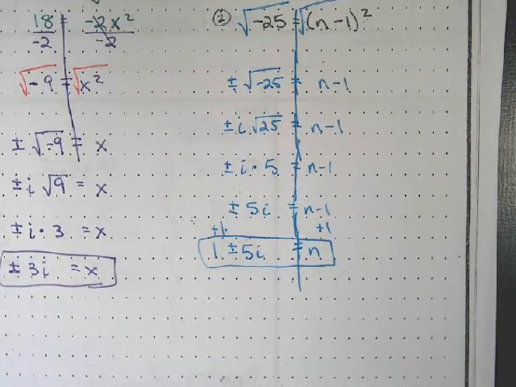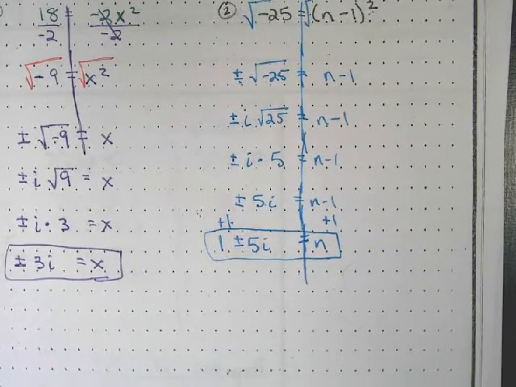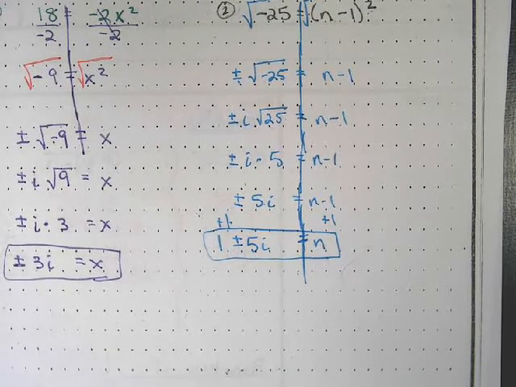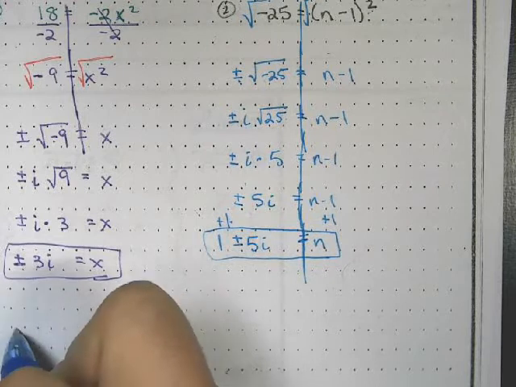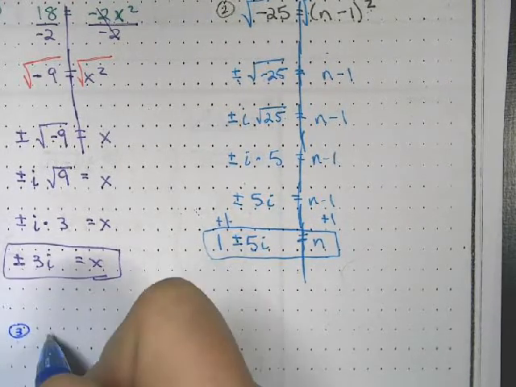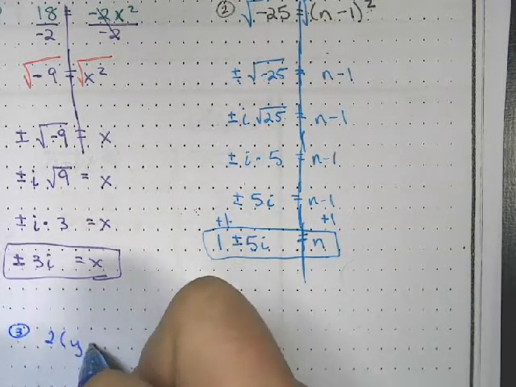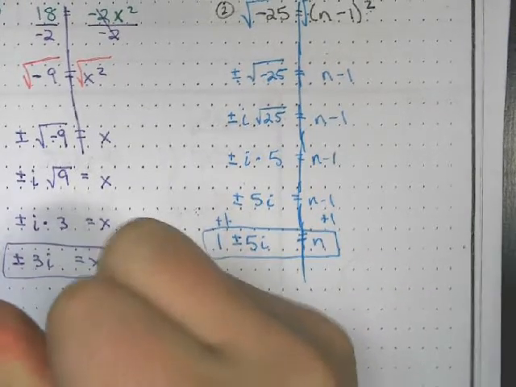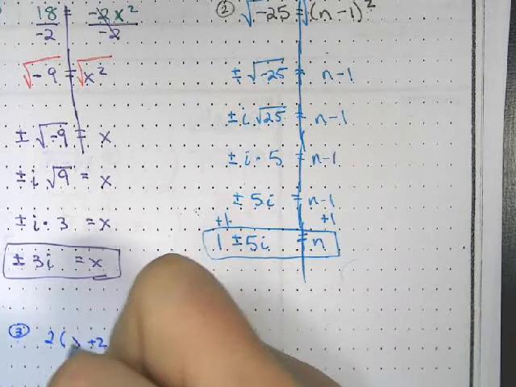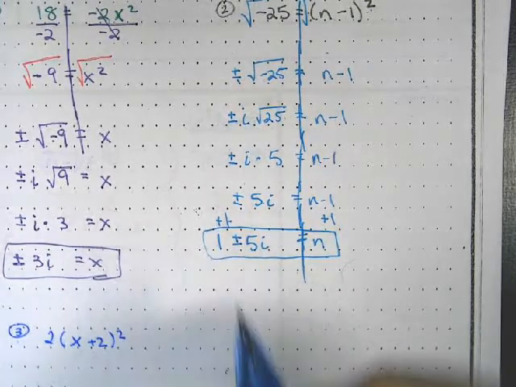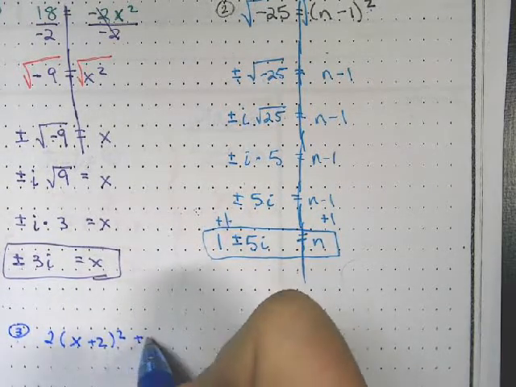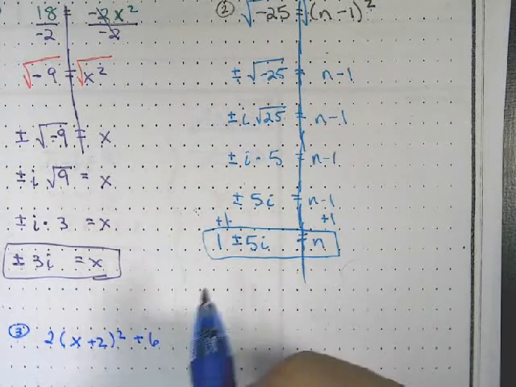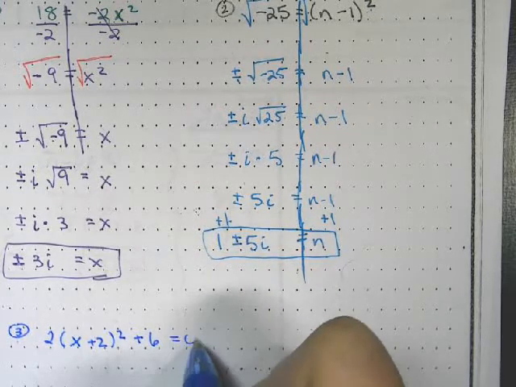Okay, let's do one more. Let's say 2 times (x plus 2) squared plus 6 equals 0.